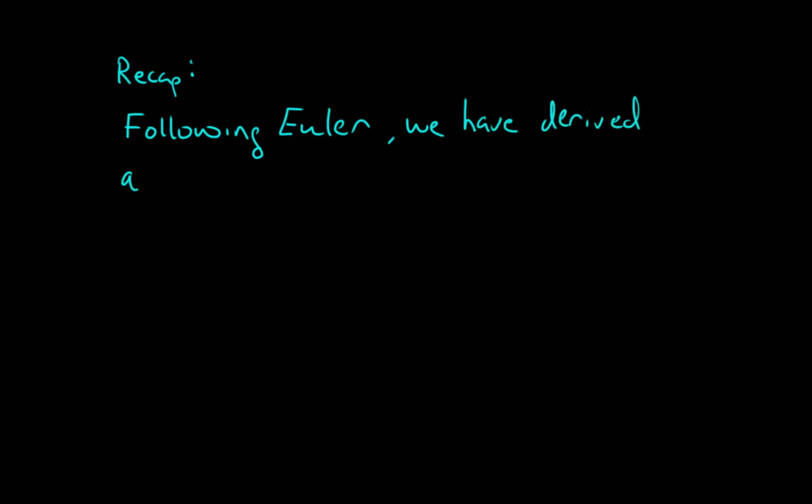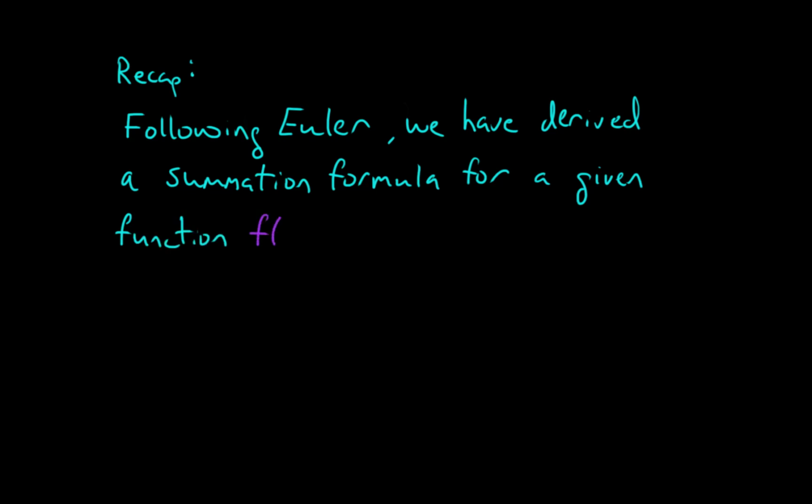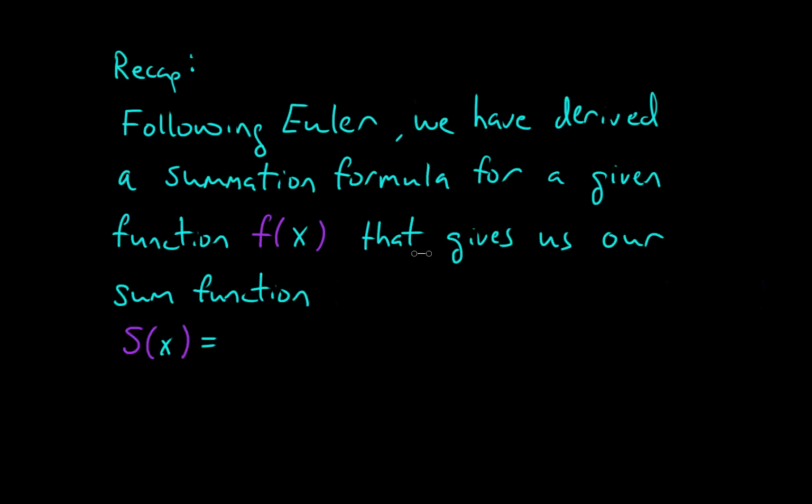Instead, what I would like to do is illustrate a couple very cool applications of the Euler MacLaurin summation formula. But before I do that, let's just recap what we've accomplished so far. Well, following Euler, we derived a summation formula for a given function f of x that gives us our sum function s of x, which equals f of 1 plus f of 2 plus f of 3 plus ... all the way up to plus f of x.